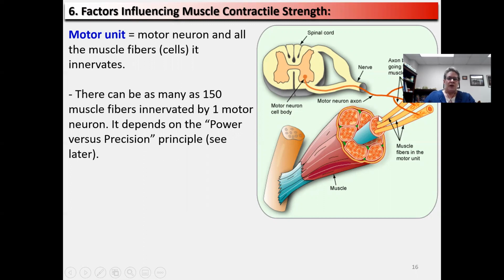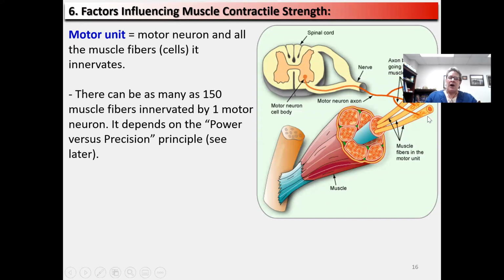Now, there's a different arrangement of motor units depending on, are they motor units controlling your legs or your torso, or are they motor units controlling your fingers? Because the more muscle fibers a motor unit is stimulating, it can produce a lot of force, but you can't get fine control or precise control.